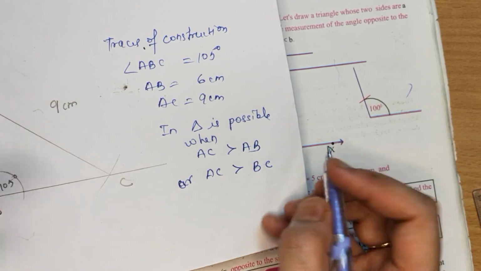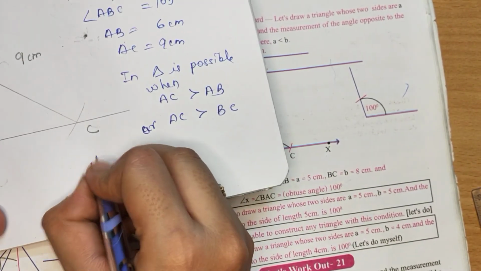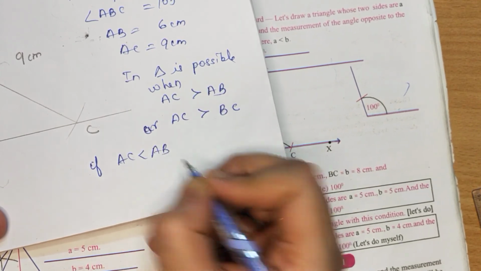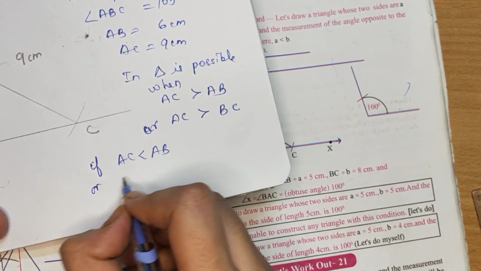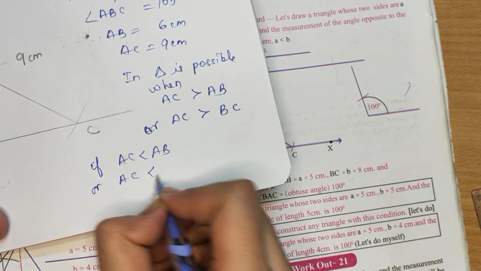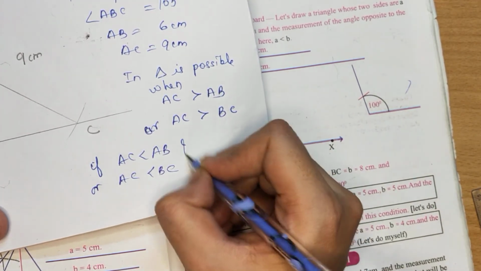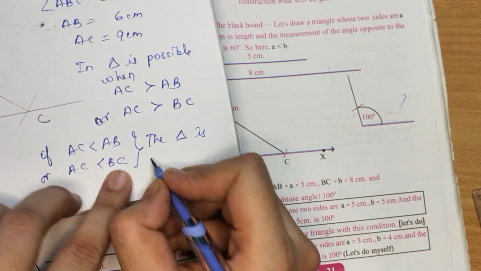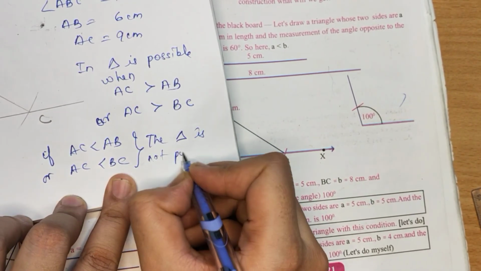But if AC is less than AB or AC is less than BC, the triangle is not possible.